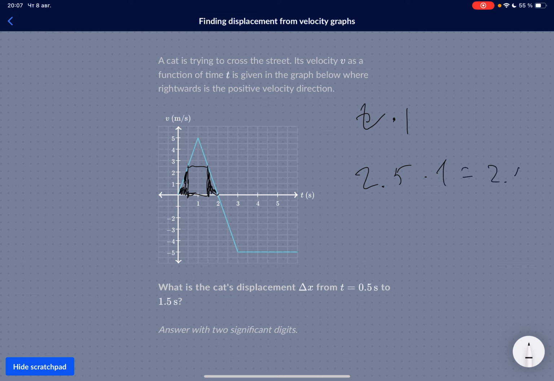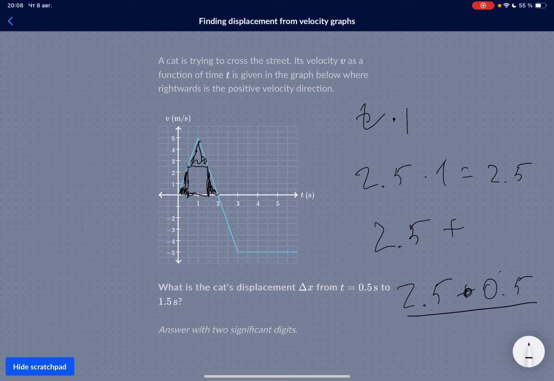So that would be 2.05, and also we should consider those, right? So that would be 2.05 multiplied by 1 and 0.5, because as we said before, we should divide it by 2.